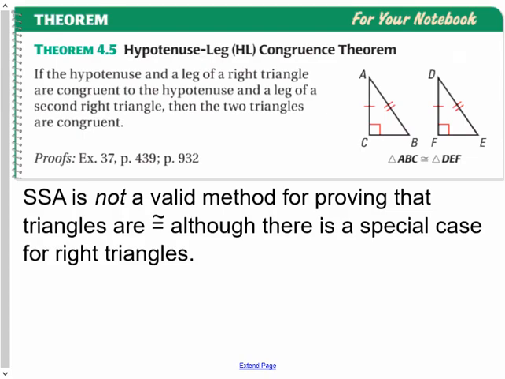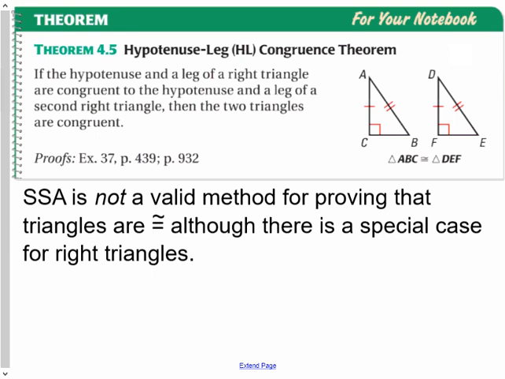Next version for our shortcuts is, again, very similar to Pythagorean theorem, right? If I gave you numbers for these, you'd be able to solve for the missing side. Same idea here. Basically, this one's a fancy side problem, but again, just specifically going into what does this say? This is hypotenuse leg congruence theorem.